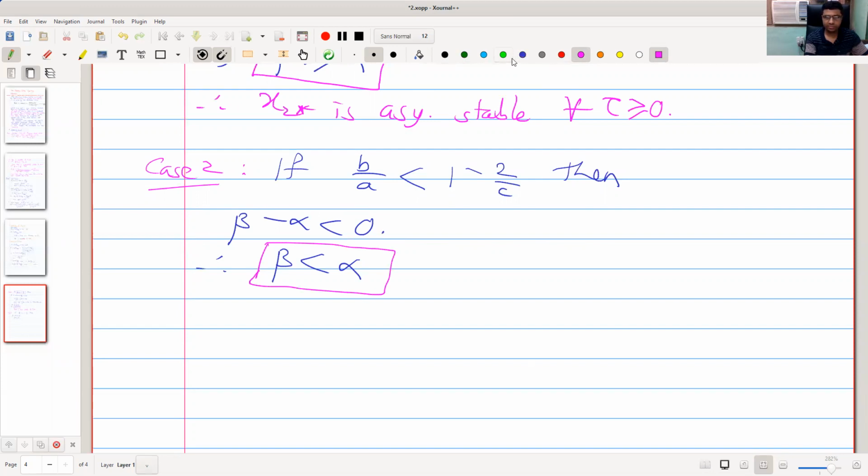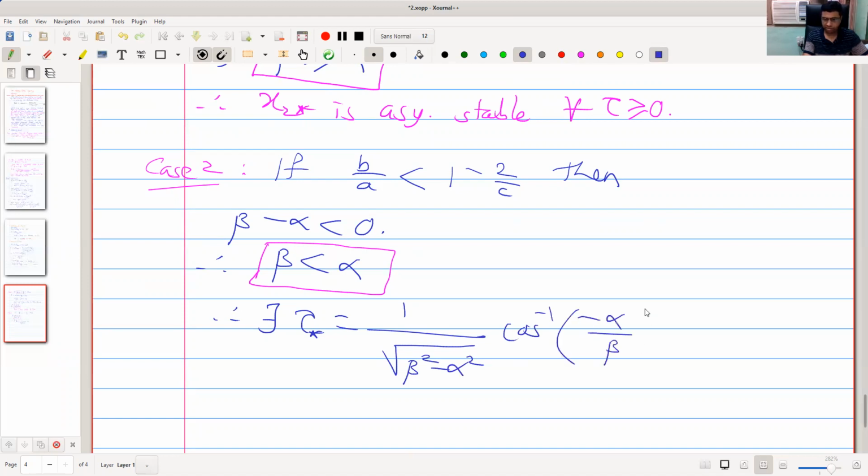And therefore there exists tau star equal to 1 upon square root beta square minus alpha square cos inverse minus alpha by beta.